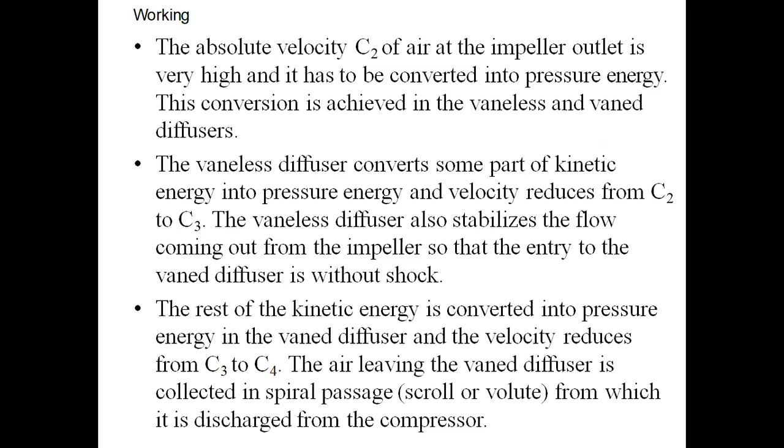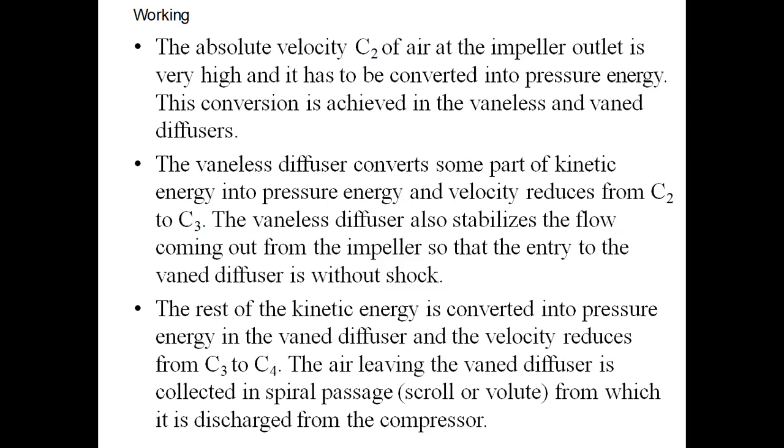The absolute velocity C2 of air at the impeller outlet is very high, and it has to be converted into pressure energy. This conversion is achieved in the vaneless and vane diffuser.